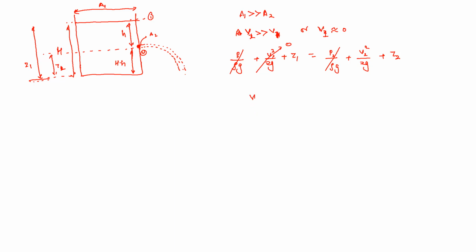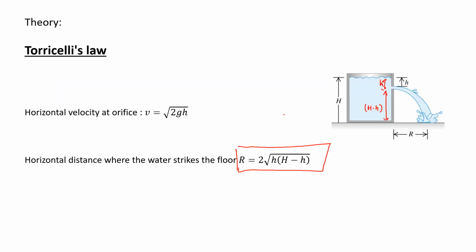Then the velocity with which the flow exits from the small orifice: V2 square is equal to (Z1 minus Z2) times 2g. And this Z1 minus Z2 will be nothing but your small h. So this is 2gh, and then the velocity V2 becomes root 2gh.